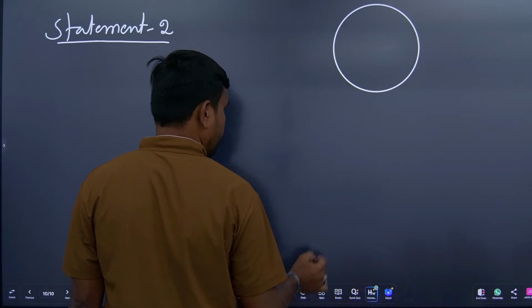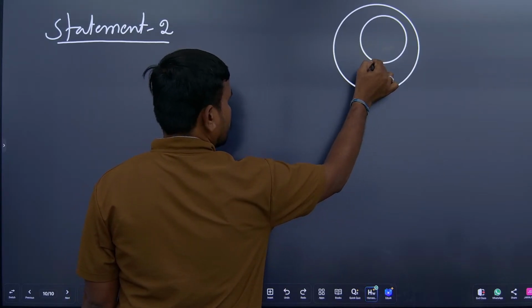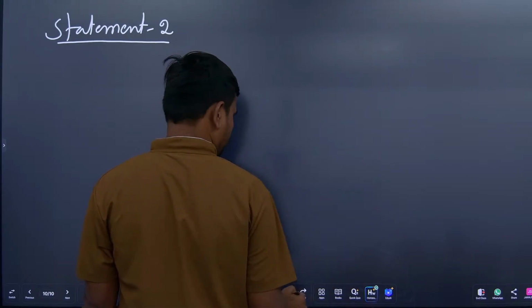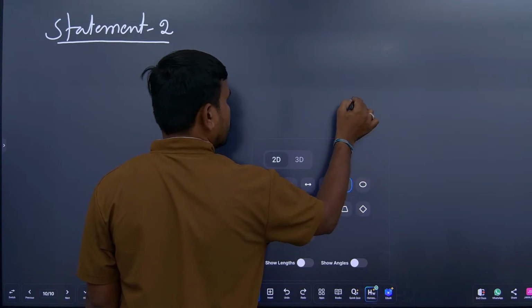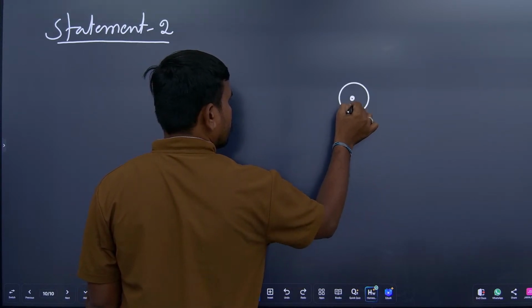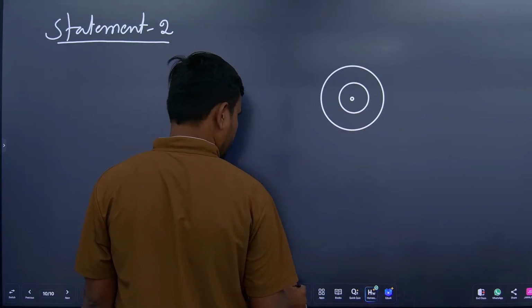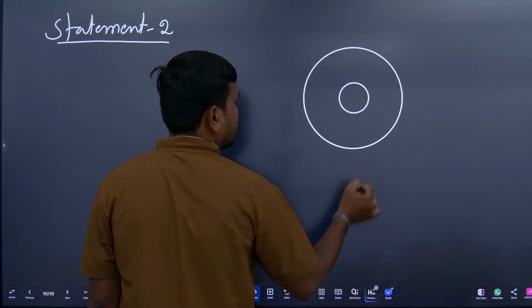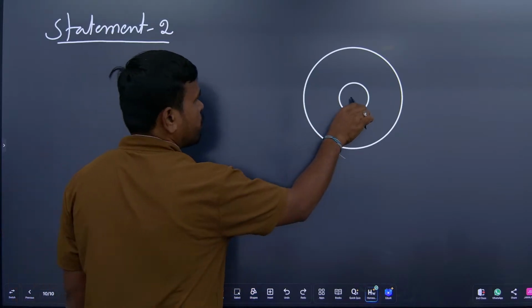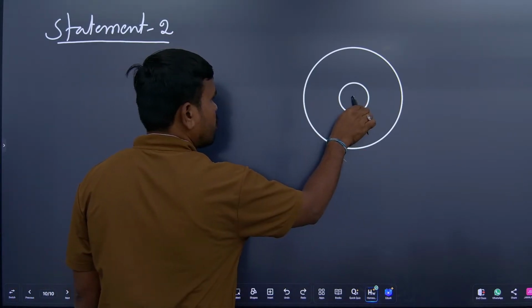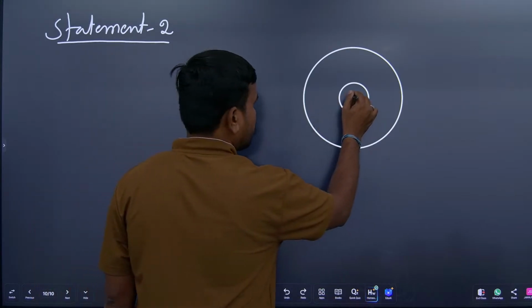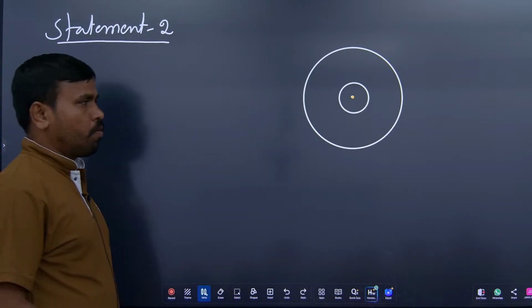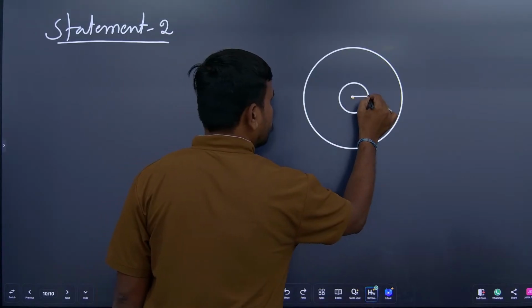Two circles with the same center, two circles having the same center with a different radius.